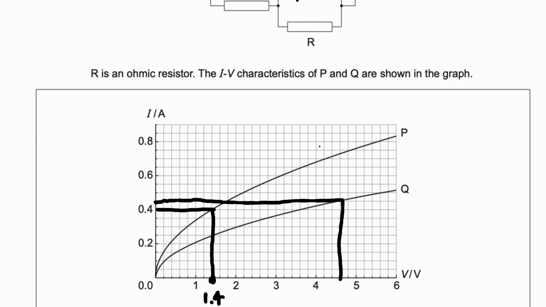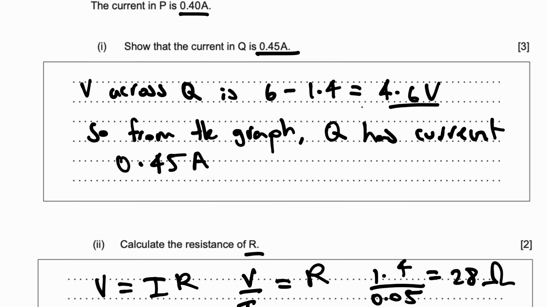And from this graph, when I see that the current that passes through Q is less, the voltage across Q is also less. And from again V is equal to IR, there's a direct proportionality between V and R, so when voltage is less, resistance across Q also decreases.